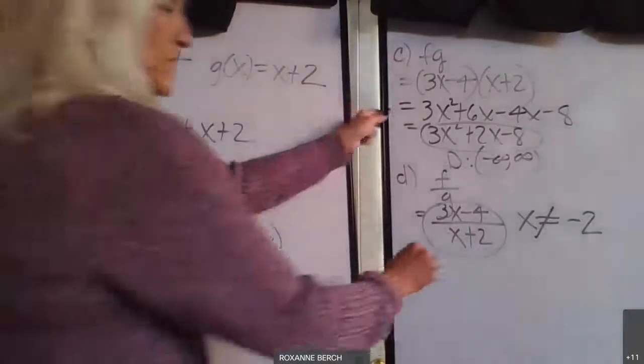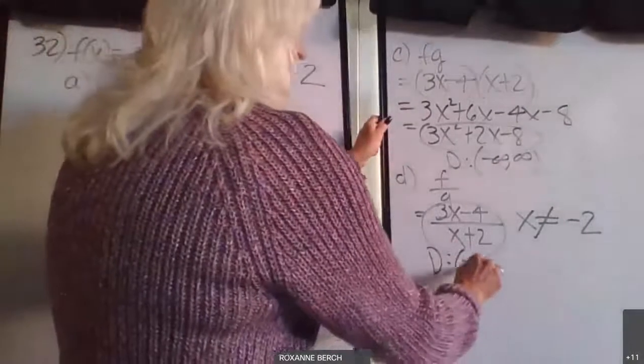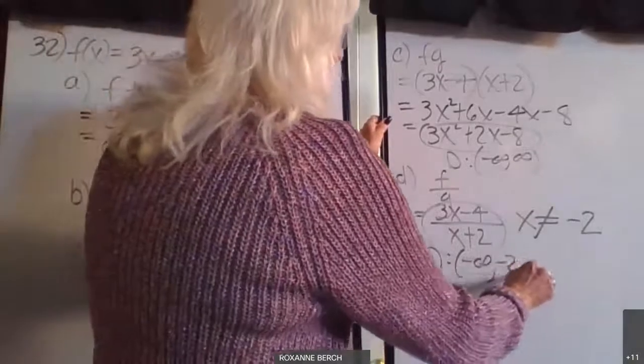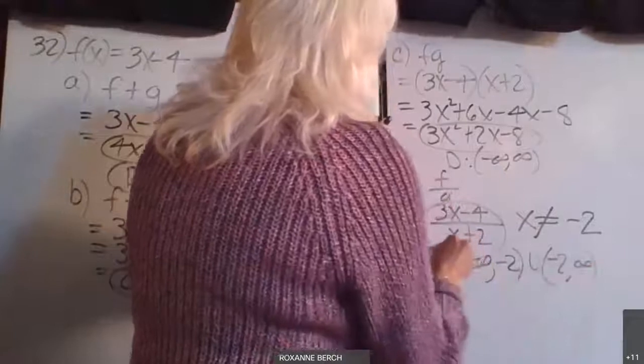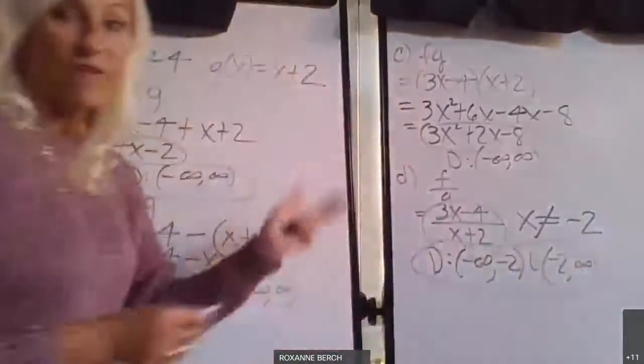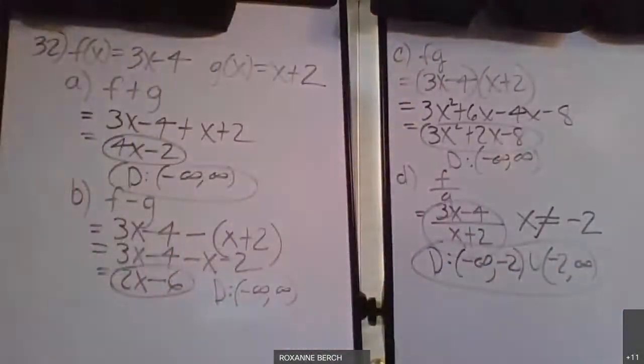So the domain is negative infinity up to negative 2, or negative 2 to infinity. In other words, it's everything except negative 2. Okay, so anybody have any questions about this?